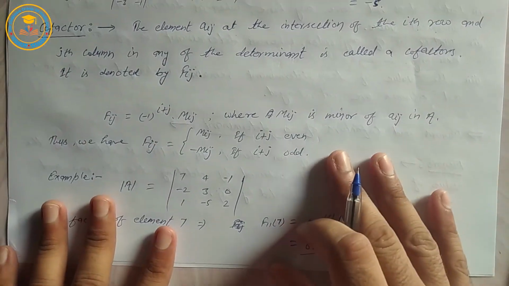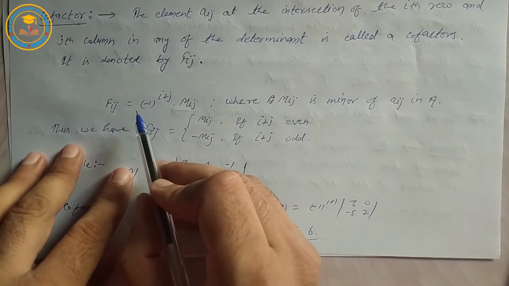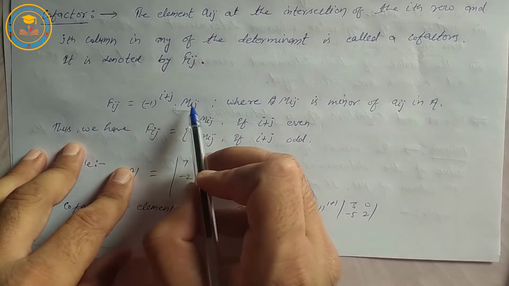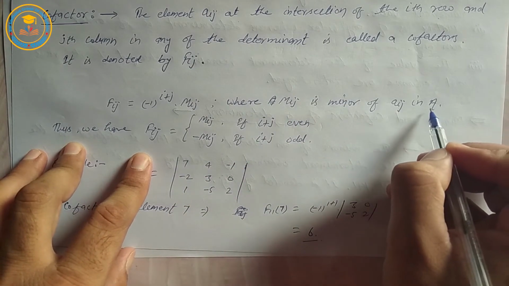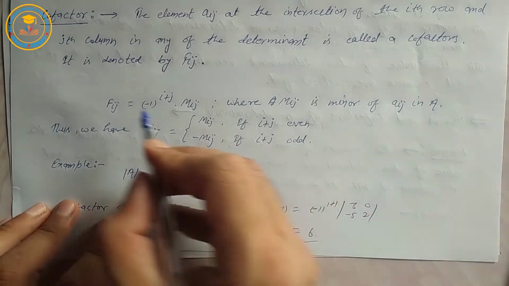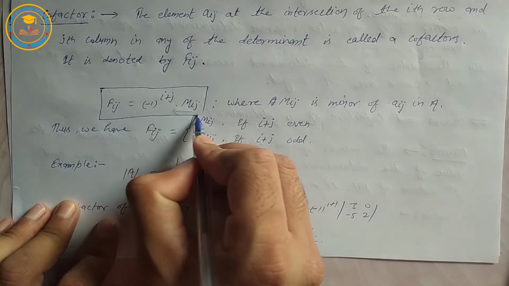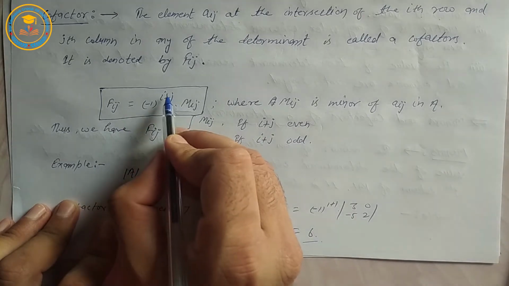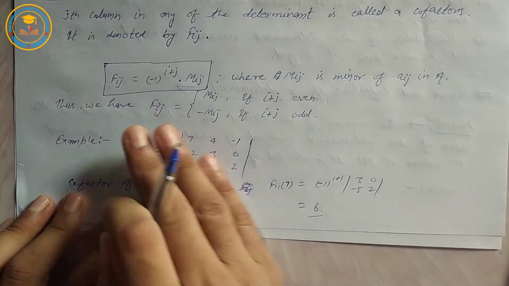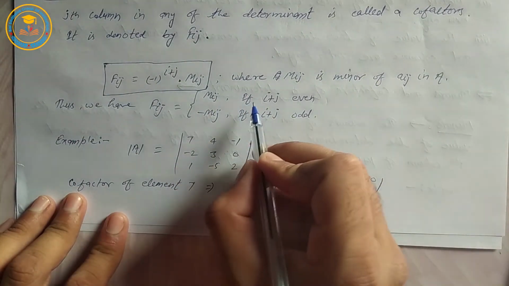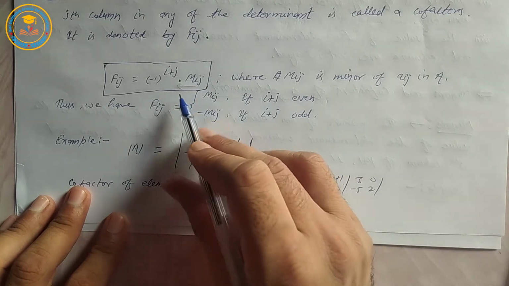For example, formula of cofactor: Fij is equal to minus 1 to power i plus j into Mij, where Mij is the minor of Aij in matrix A, it means determinant A. Thus we have Fij equal to Mij if i plus j is even, positive, and if i plus j is odd, it means negative.